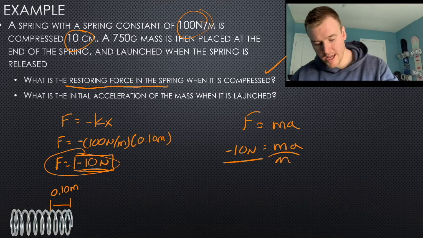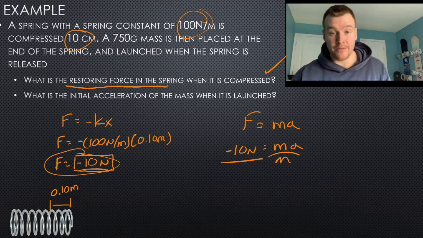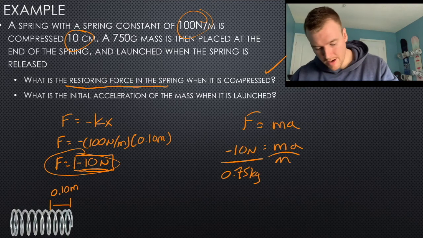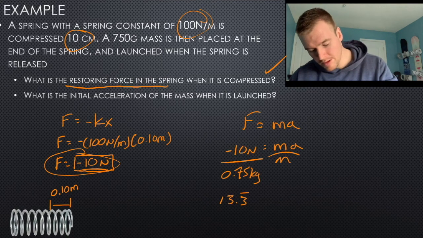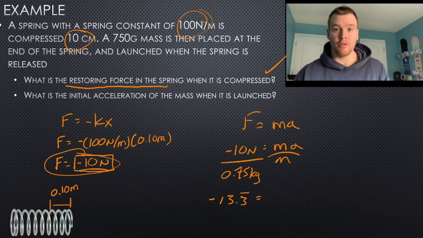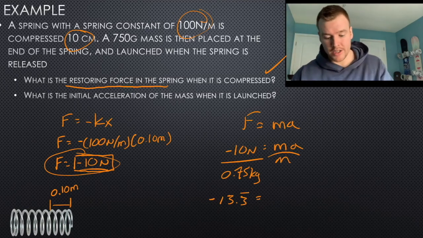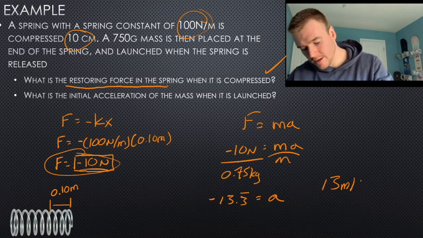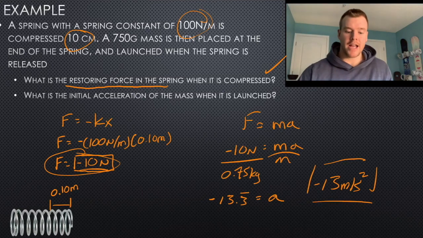Now I just divide by the mass, which was 750 grams, that has to be in kilograms, 0.75 kilograms, and then I'm getting a number of 13.3 repeating, negative 13.3 repeating, because again, it's going in the opposite direction that it was compressed for acceleration. So I'm just going to put negative 13 meters per second squared as our answer.